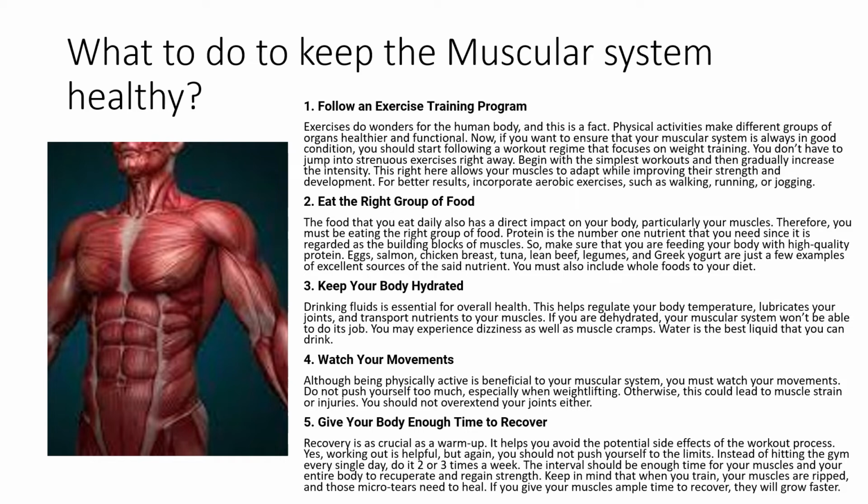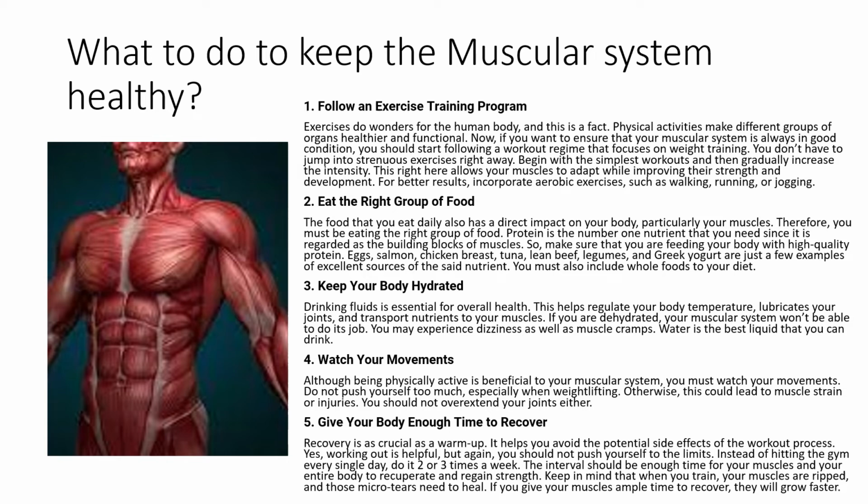Number two, eat the right group of food. The food that you eat daily also has a direct impact on your body, particularly your muscles. Therefore, you must be eating the right group of food. Protein is the number one nutrient that you need since it is regarded as the building blocks of muscles.